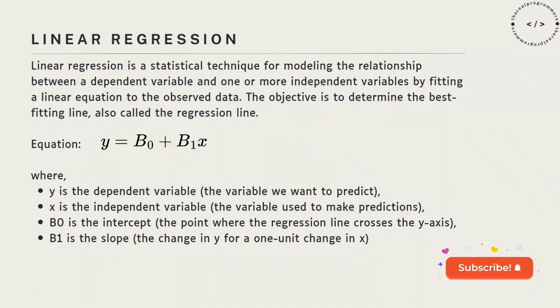In other words, linear regression utilizes a linear equation in the form of y = b0 + b1x, where y is the dependent variable, the variable that we want to predict, x is the independent variable, the variable used to make predictions, b0 is the intercept, the point where the regression line crosses the y-axis, and b1 is the slope, which indicates the change in y for 1 unit change in x. Don't worry if you were not able to follow everything I said. The equation will be explained in detail in the upcoming slides.